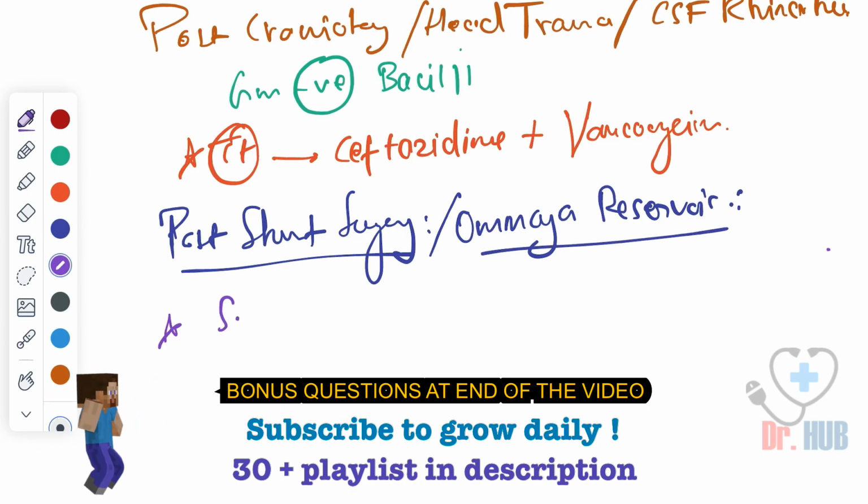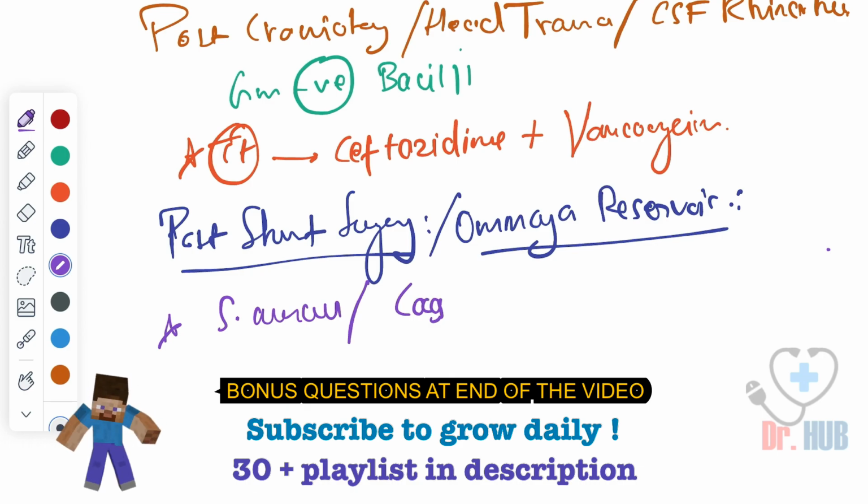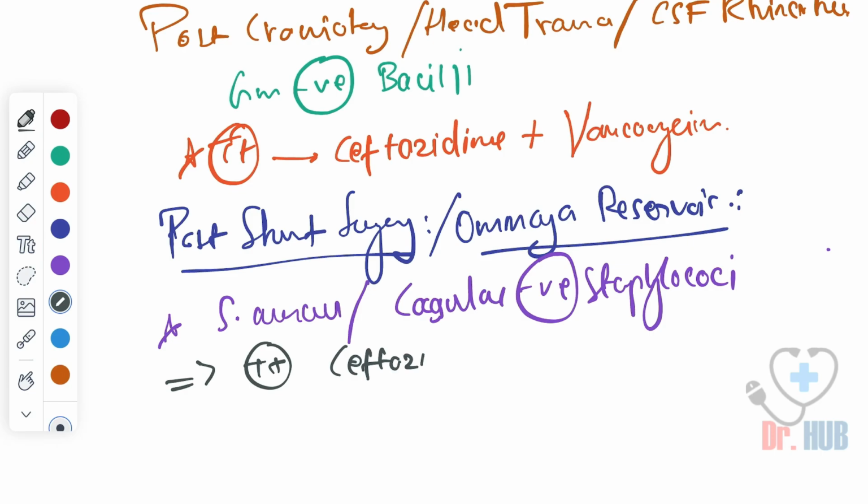The organisms include Staph aureus and coagulase negative staphylococci. And what is the treatment here? The treatment will be ceftazidime along with vancomycin.